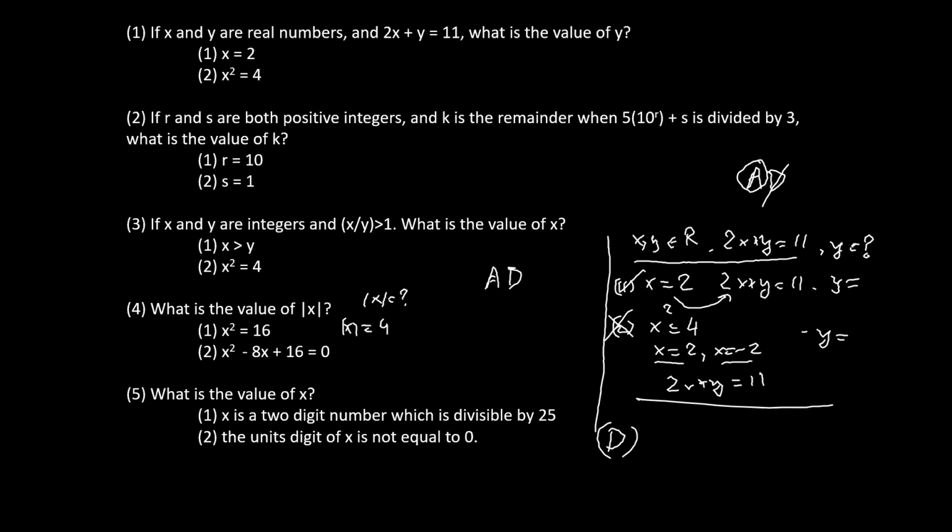If you solve this, again, you will get absolute of x to be equal to 4. So that means D is the answer. So when D is the answer, both the statements will give you the same answer, right? In GMAT, it will never be the case that if D is the answer, both the statements are giving you different answers. So whenever you're getting different answers, that means you're doing something wrong.